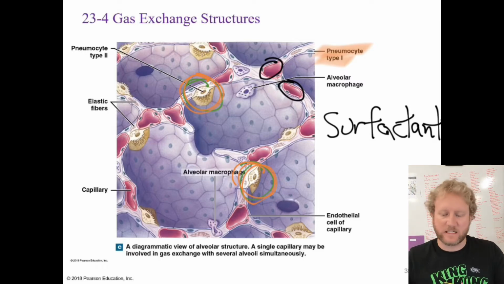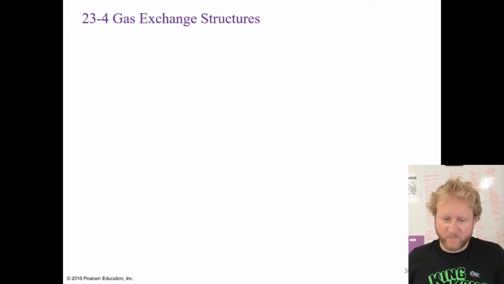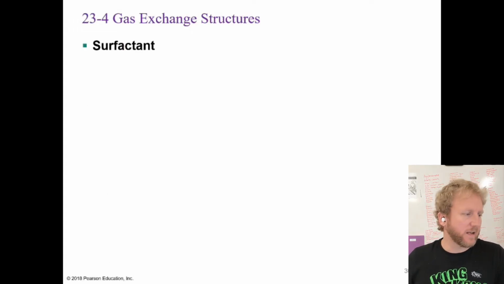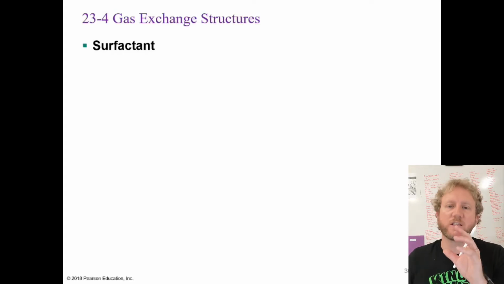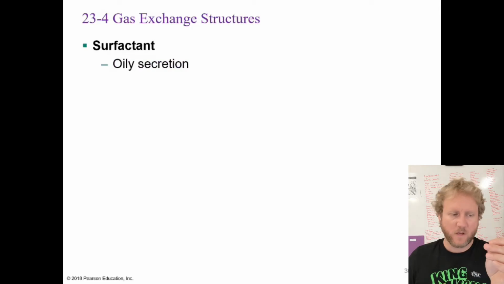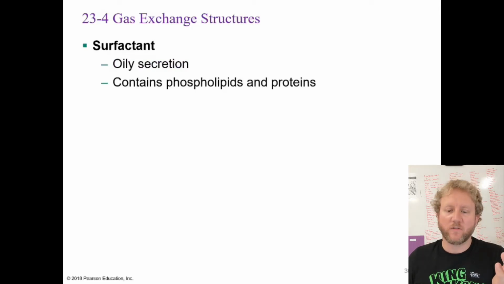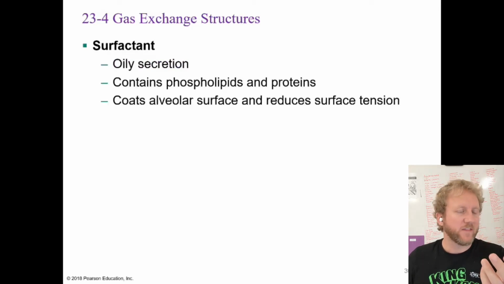Now, you are probably more familiar with surfactants than you think. Surfactants are an oily secretion secreted by the pneumocyte type 2 cells that are primarily phospholipids and proteins, and they coat the alveolar surface to reduce surface tension.